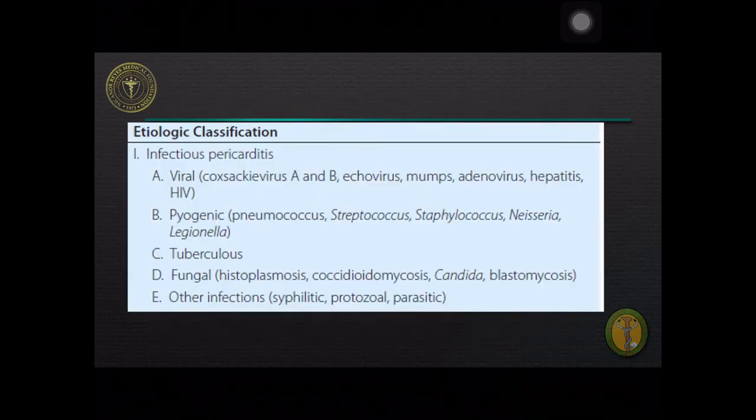Etiologic classification includes infectious and non-infectious processes. Infectious pericarditis can be due to viral, pyogenic, tuberculous, fungal, and other infections like syphilis, protozoal, and parasitic infections.